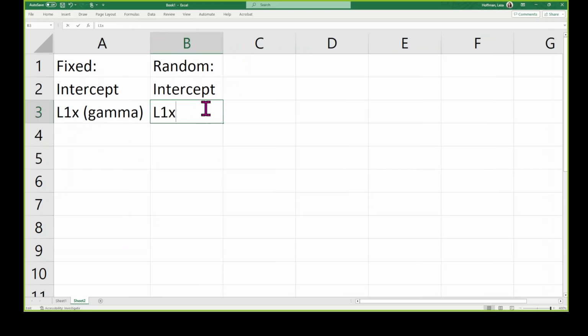And then this is a U. And I always make it a capital U because then it doesn't look like mu or some other letter that would be easily confused. So I can do this just fine, right? Can I do this? Sure I can. What am I saying about the effect of level 1x if I do this?